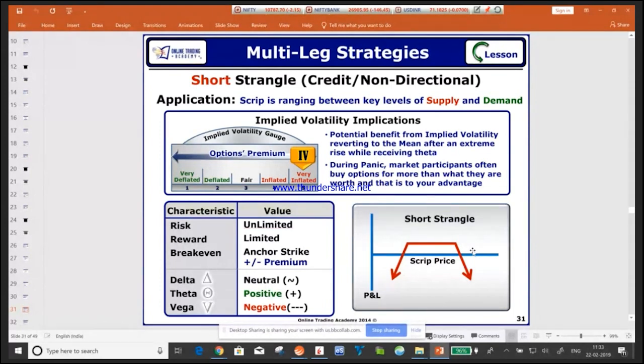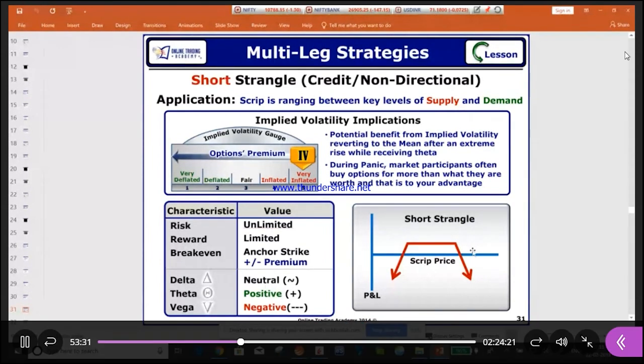So delta is not going to pay you, not going to hurt you. Delta will never pay you, but delta can hurt you if the range gets broken and the trend gets established. Yeah, delta will be less than 0.25 in this case. 0 is better, but you will never get 0.